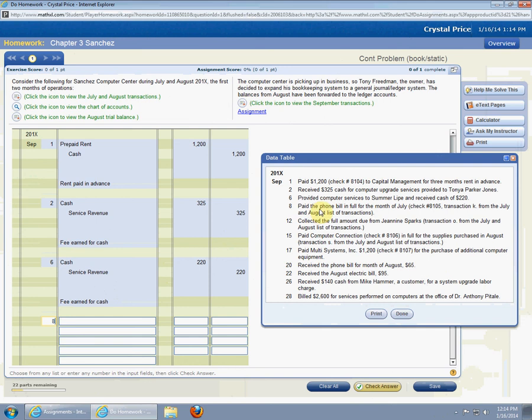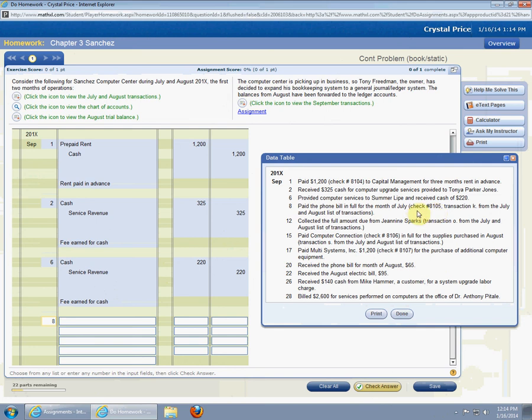Okay, paid the phone bill in full for the month of July, and the check was $81. This was back in July when we set it up that we owed it. So if we look back in July and August, it was $85, okay. And we did phone expense at that time, and we did accounts payable. So now we're paying it.